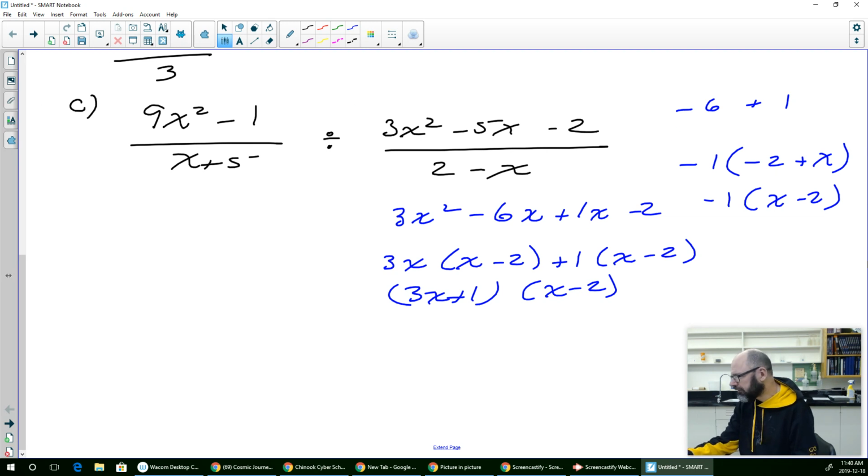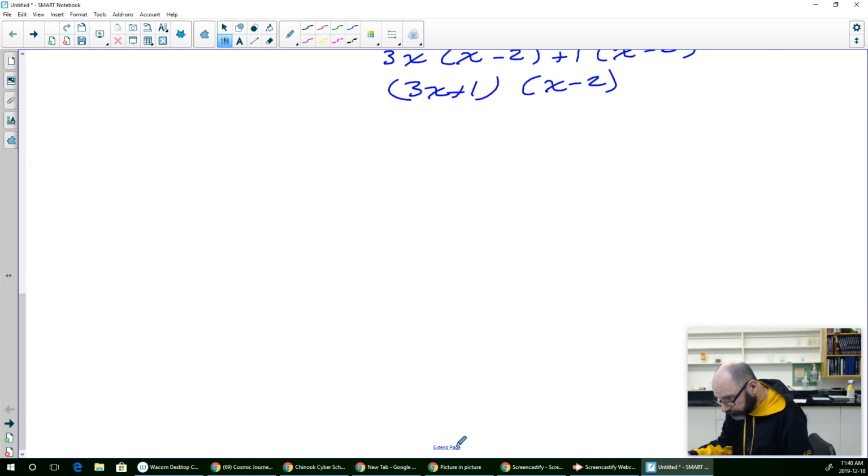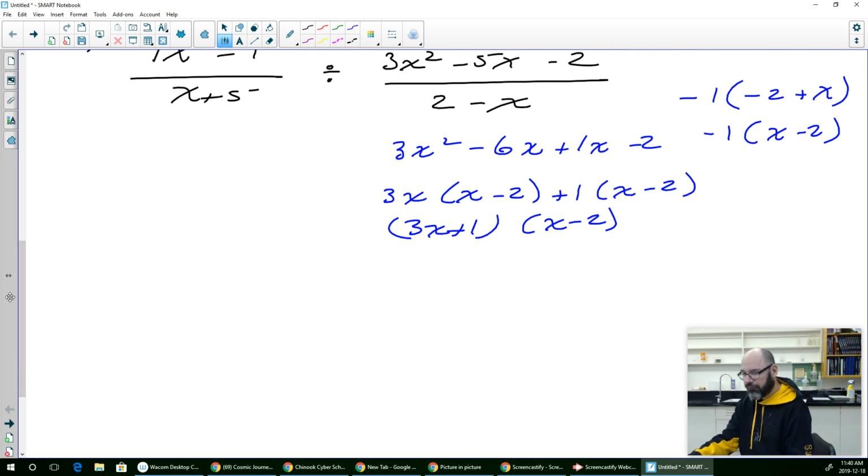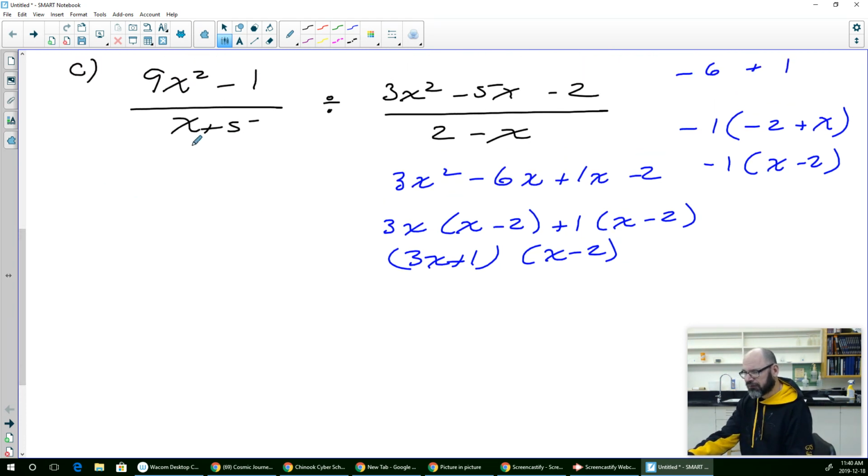Okay, so let's move this down so we can see a little better. Okay, so now this is a difference of squares. So it's the square root of the first minus the square root of the second times the square root of the first plus the square root of the second. So 9x squared is, or 3x, not x squared, pardon me.